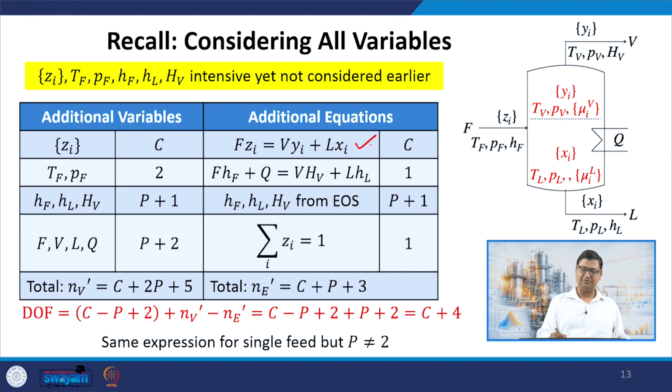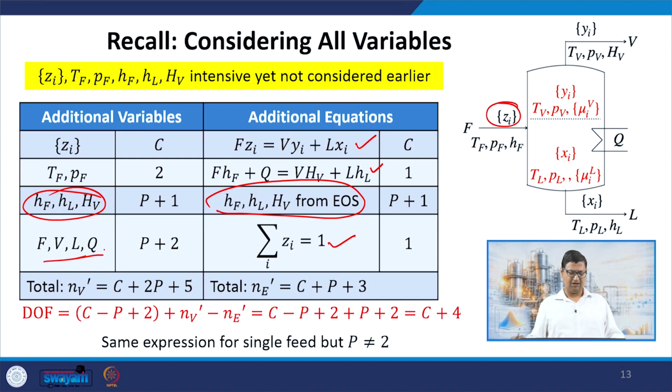We have a material balance equation, we have an energy balance equation, and now we have the enthalpies that have to come from the equation of state. We have a summation of mole fraction equation for the feed condition, and again we have some new variables coming in there that have to be taken up, let's say the heat supplied and so on. And finally, we can get the degree of freedom. If I also consider the extensive variables, it is going to be something like C plus 4, and this we have also derived earlier.